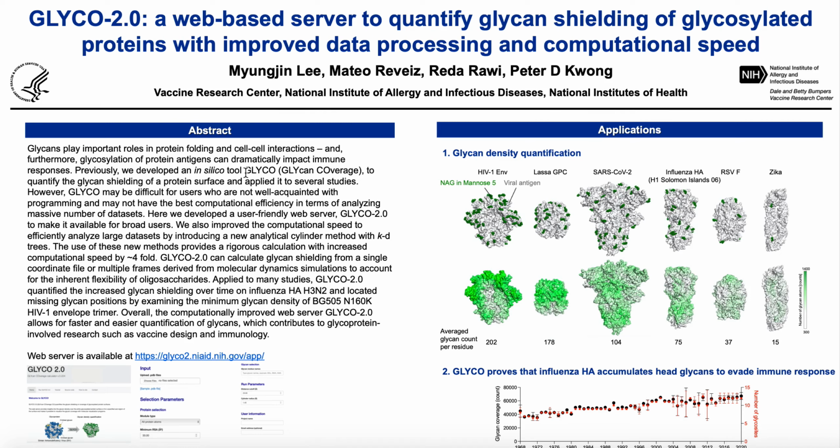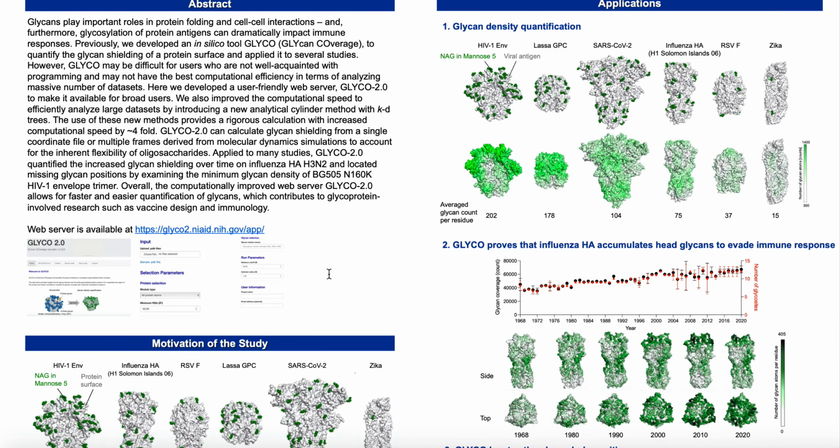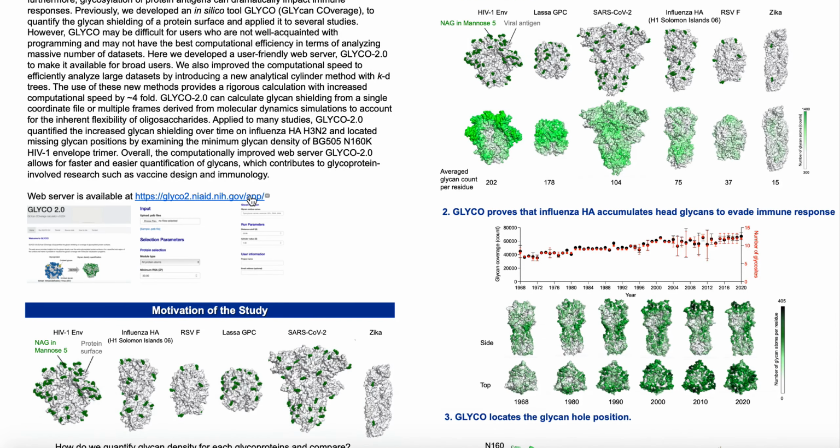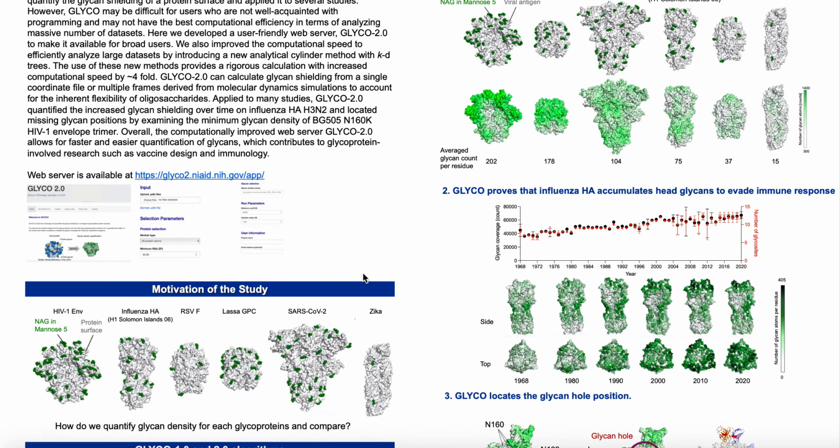But the previous version of GLYCO was done by coding or programming, so we found that it would be great to make this program a web server so that many people can easily use it, even if they are not familiar with coding or programming. This is the link of the GLYCO 2.0 server. You can go and try.